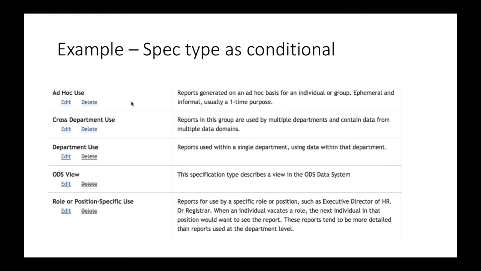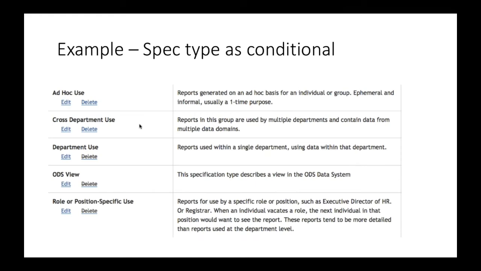Department use. This required the manager, so it was data within a department, staying within the department for usage, and they wanted the manager of that department to have the final approval of it. Probably a report that's going to endure, but still used within a very defined group of people. Oh, I skipped over cross-departmental use. Sorry about that. Cross-departmental is data from multiple domains and the report itself being used across multiple domains.